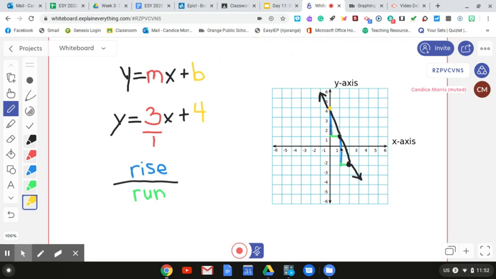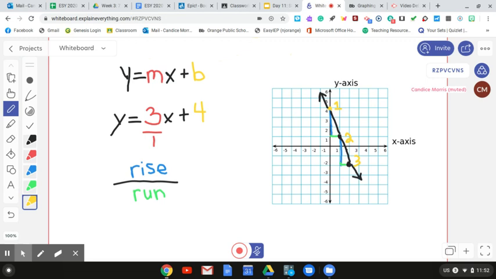And then we created our other 2 points using rise over run. I'm going to label this 1, label this 2, and label this 3. Okay, so that is how to do slope-intercept form using our equation here. You don't have to solve for anything. You just have to plot it on the graph.